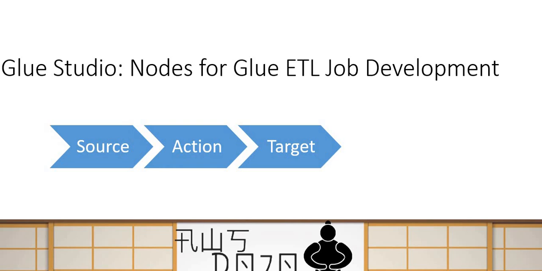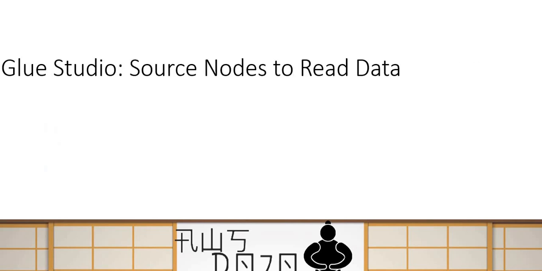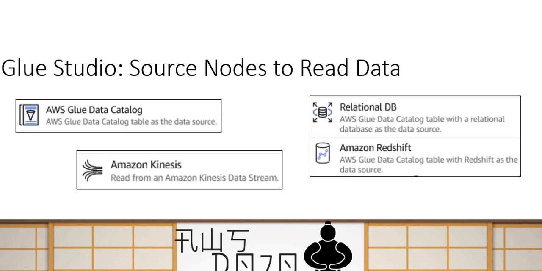So let's get into some examples of source, action, and target nodes. First, source nodes, which are used to read data from the data source. I'm showing four examples here.